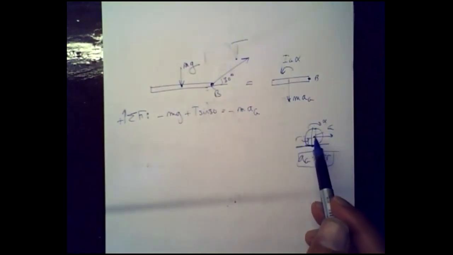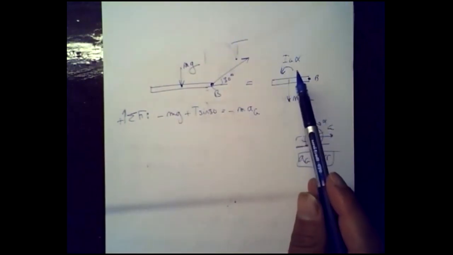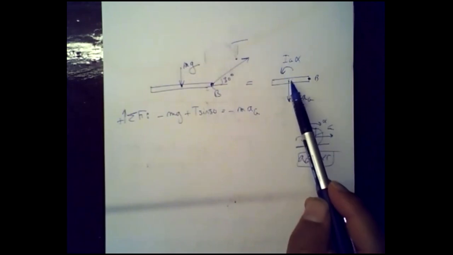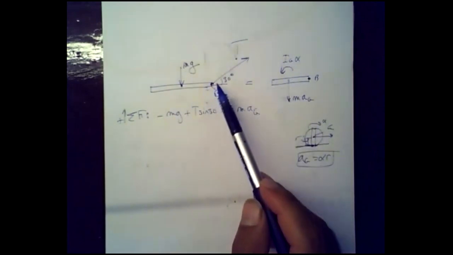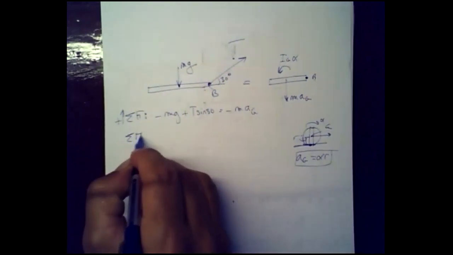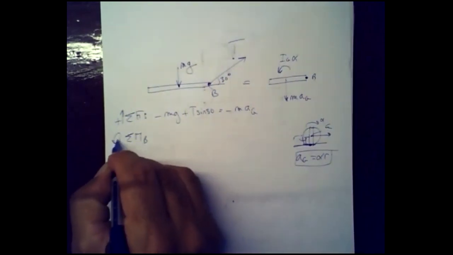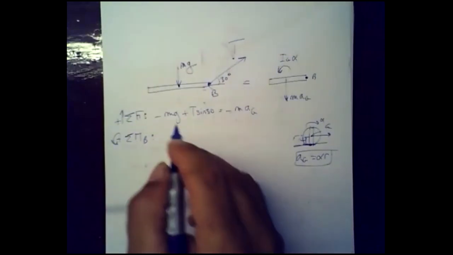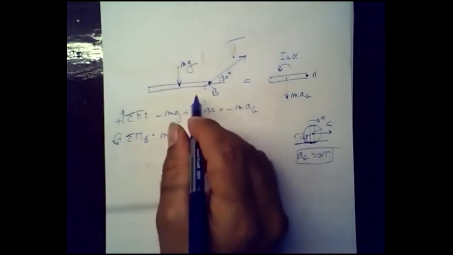I can, for example, choose to sum the moments, right? I can sum the moments about the middle of the bar, or I can sum the moments about point B and see what happens. So let me sum the moments about point B, and I'm going to use counterclockwise as my direction. Then I'm going to have mg.